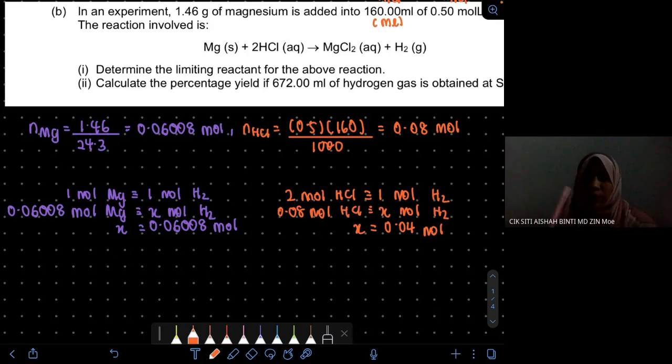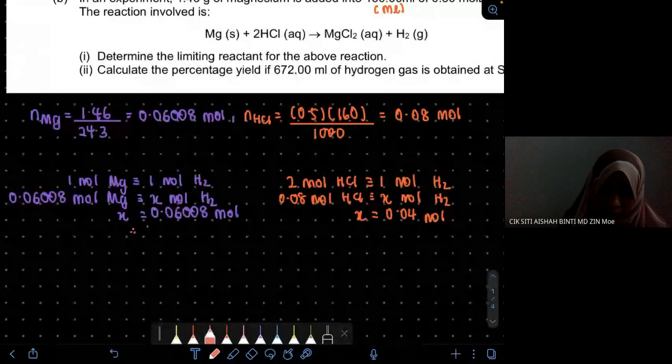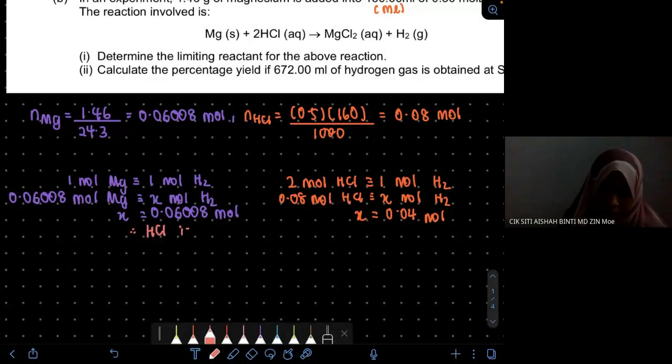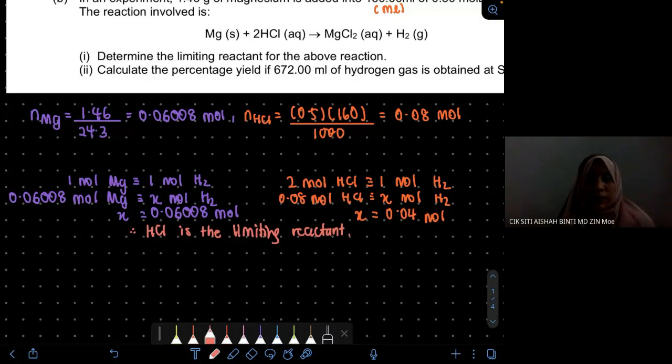Tapi kalau kamu confuse about given provided, itu yang susah sikit. Okay, so from here we know that our HCl is the limiting reactant. So, senang sikit lah yang ini. Okay, so yang ni is question number 1.